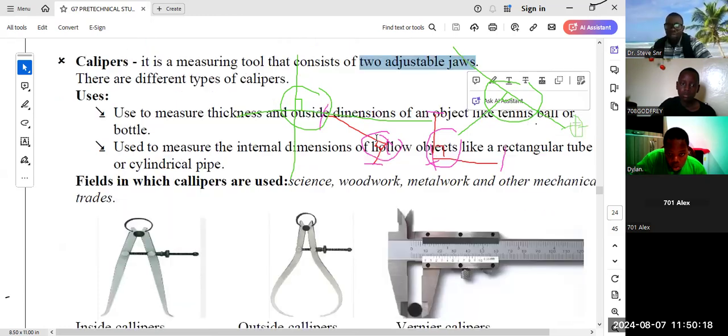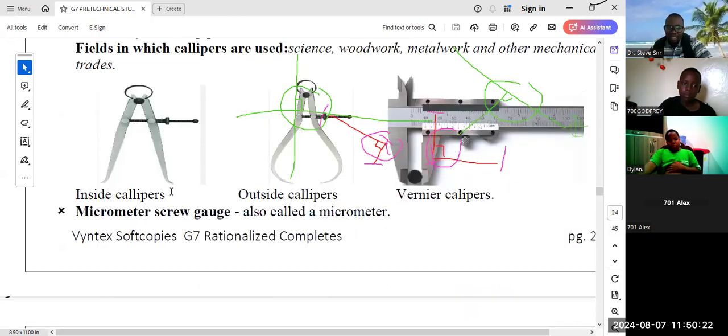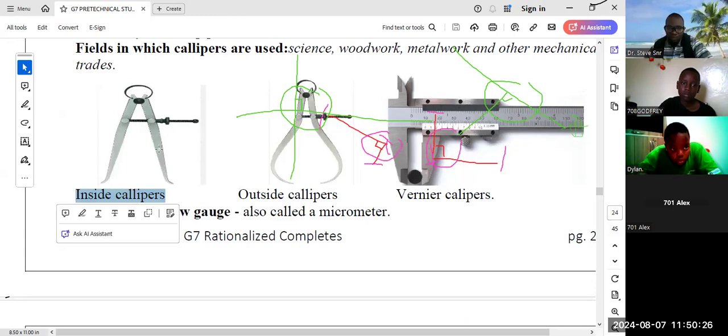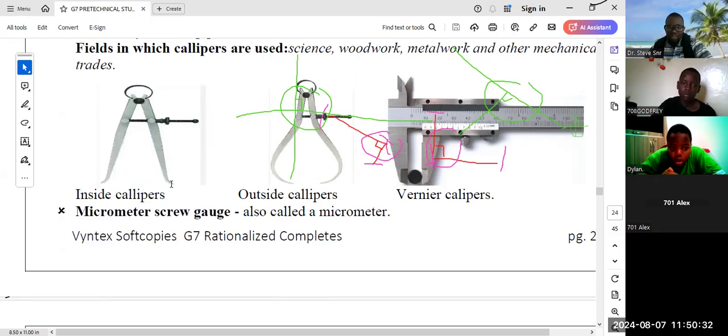For example, we have here what we call the inside calipers. With this one, you see how the jaws are facing the opposite direction. This one is facing to the right. This one is facing to the left. This one is the inside adjustable caliper.